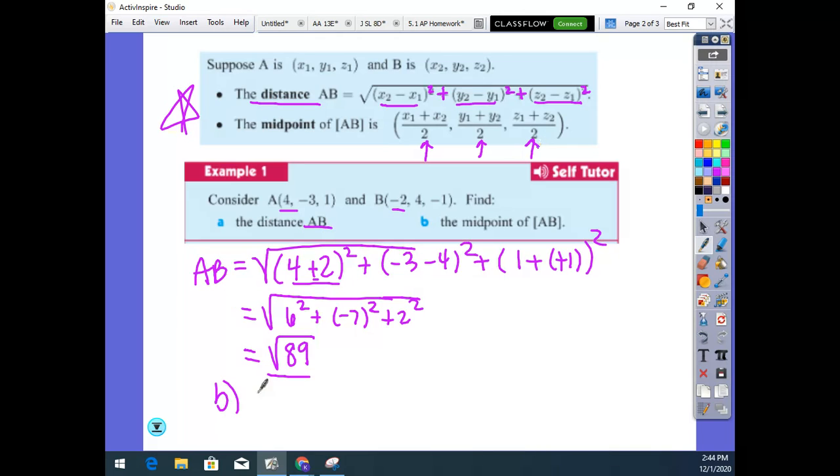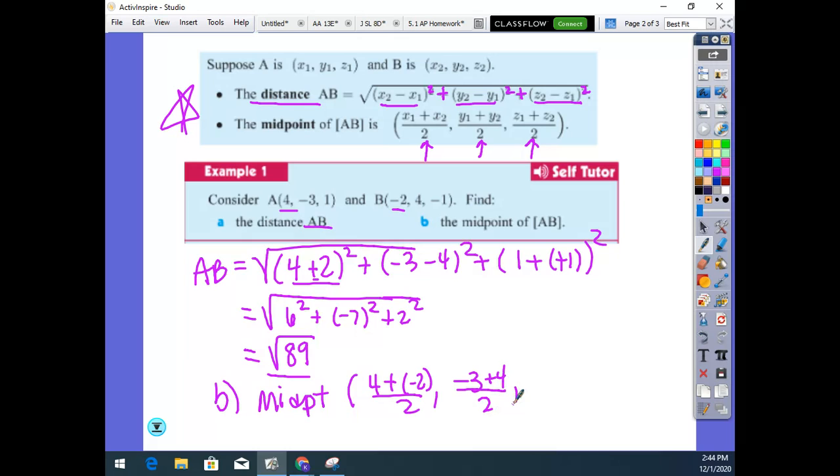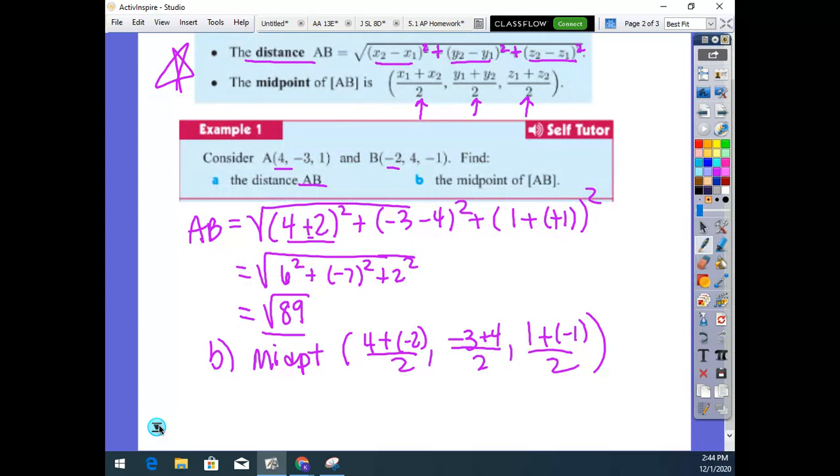All right, so midpoint. We add the x's, divided by 2. Add the y's, divide by 2. Add the z's, divide by 2. Then we just simplify.